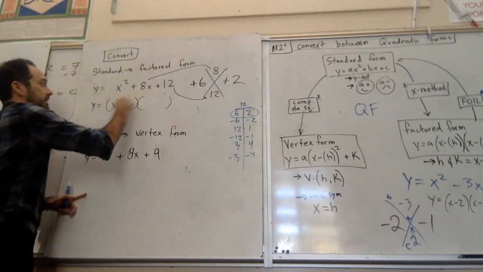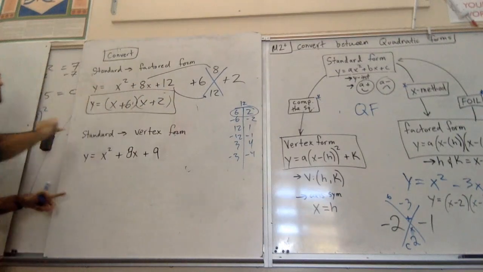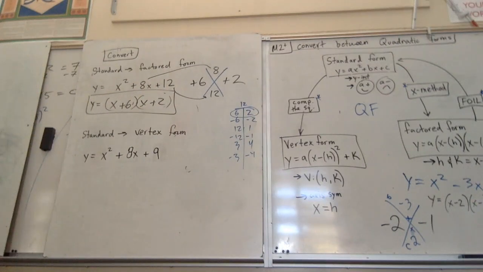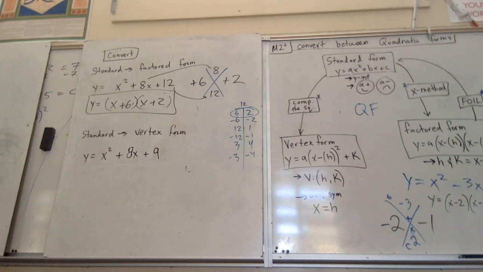So x plus 6, x plus 2. Done. Factor form. Thumbs up's always down for using the X method for this step. Good. Let's look at this one now.